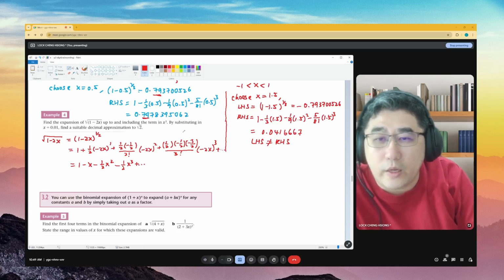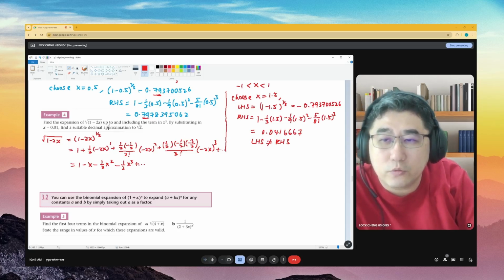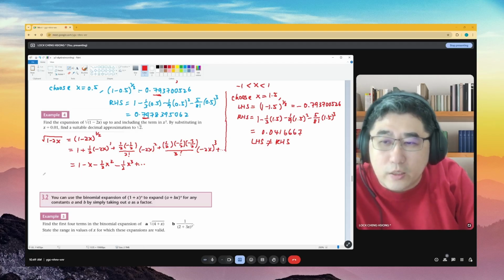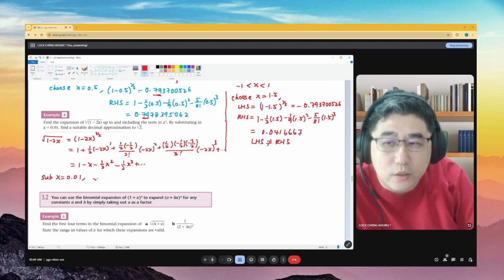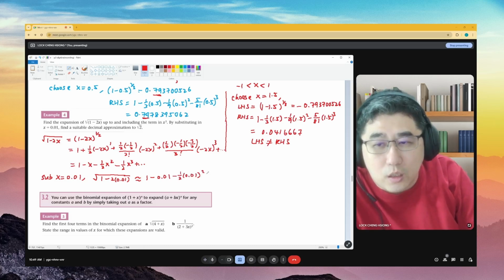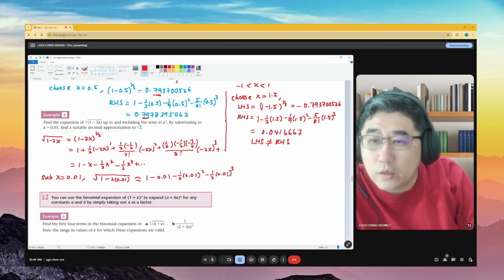Then I want to find a suitable value for approximation of square root 2. So I substitute x equals 0.01 into the left hand side and the right hand side. I have 1 minus 2 times 0.01, which is approximately 1 minus 0.01 minus 1 over 2 times 0.01 squared, minus 1 over 2 times 0.01 cubed.